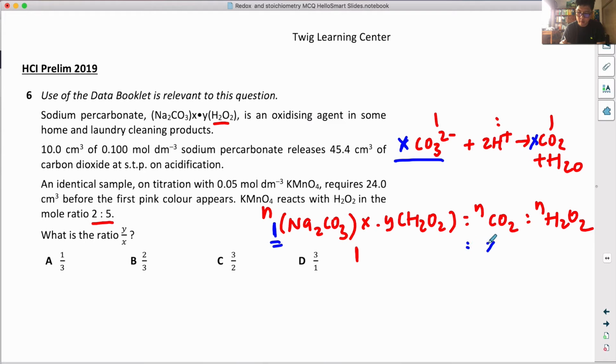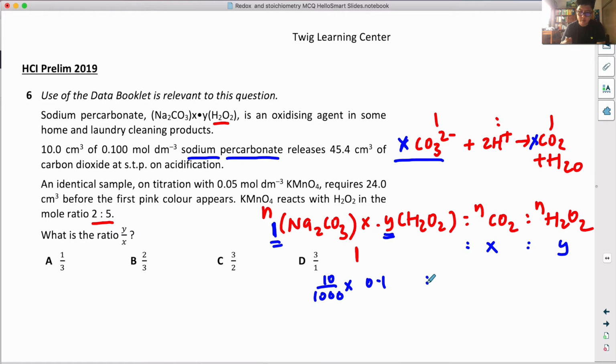So the amount of CO2 is X. 1 mole of this will also give you Y H2O2. So how many moles of sodium percarbonate? I write down 10 over 1000 times 0.1.